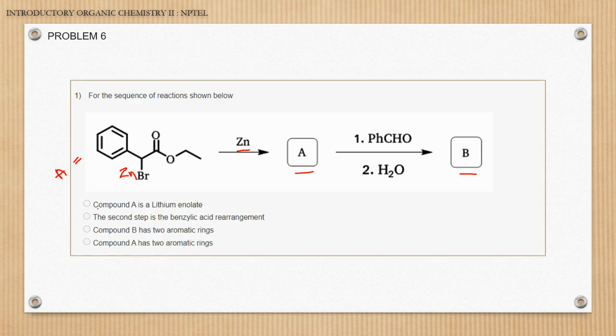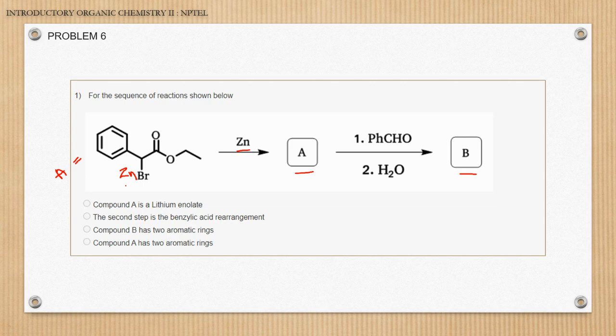In the first option, they are saying compound A is a lithium enolate. Is it a lithium enolate? Tell me, is it a lithium enolate, guys? The compound A?